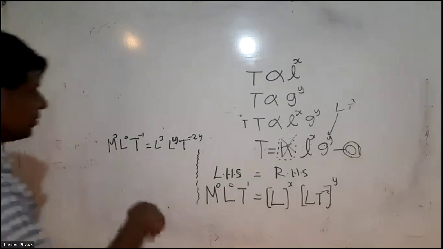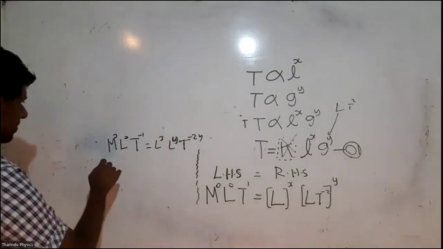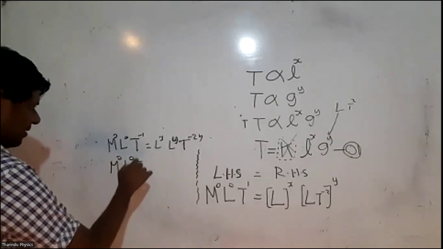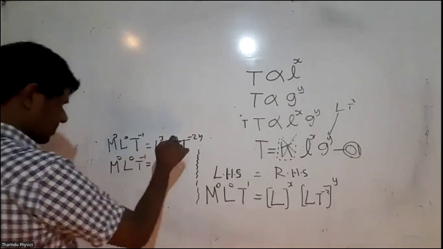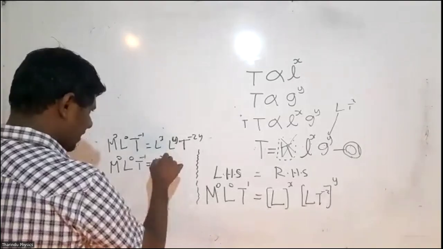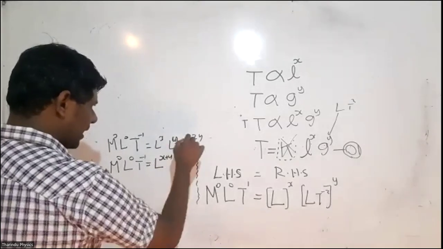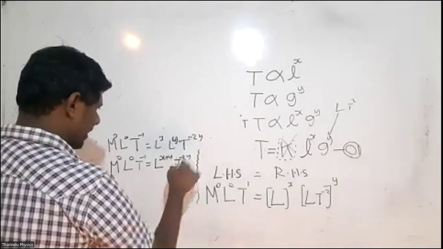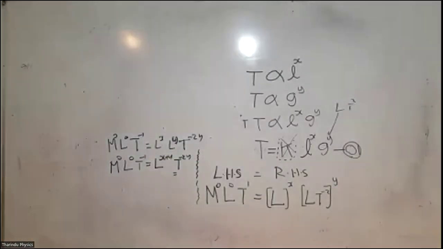Now I can do another step. M naught, L naught, T minus 1. Now I'm going to get only L: it is x plus y. And for T it is only minus 2y. Copy this until here.